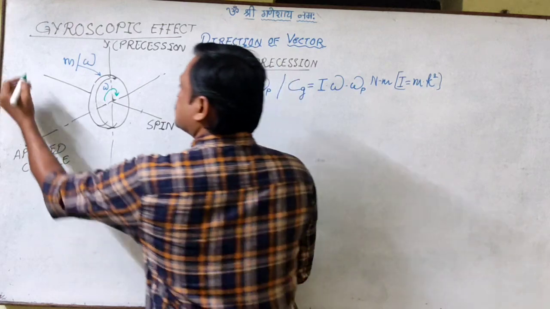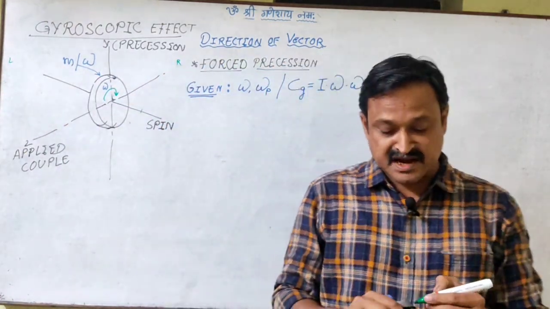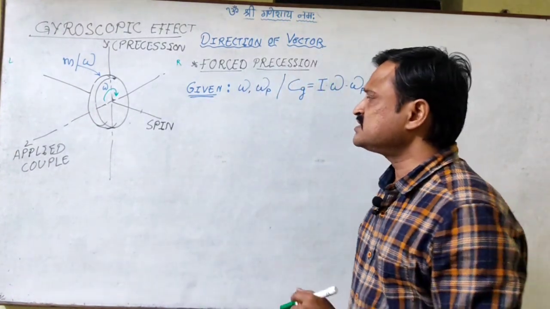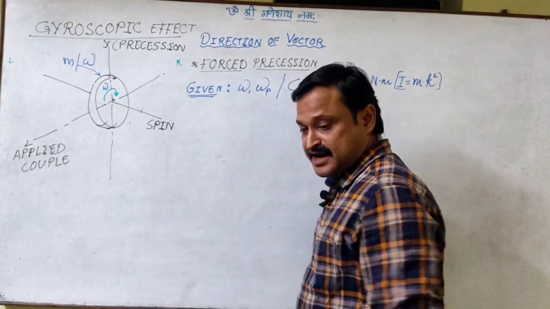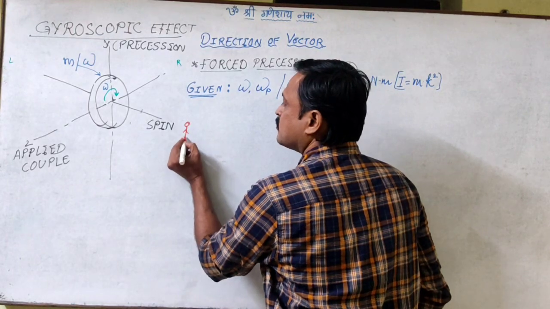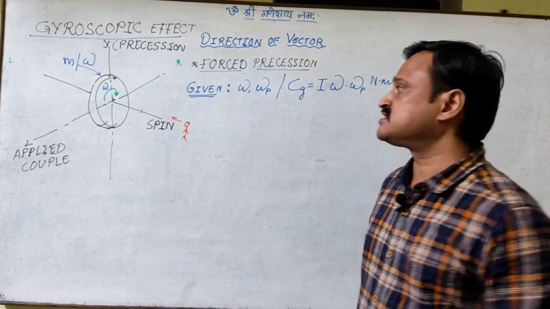So this is the left side and this is the right side. This is very important because we have to judge the direction of this vector as well. So let us say the observer is standing to the right.